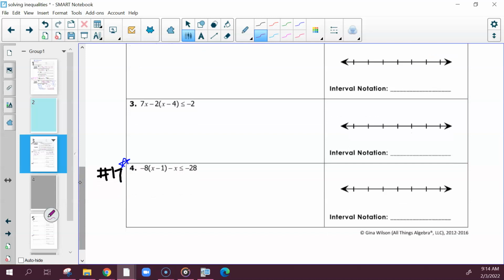So we would start this off by distributing. Combine your like terms. And start solving. So subtract 8.